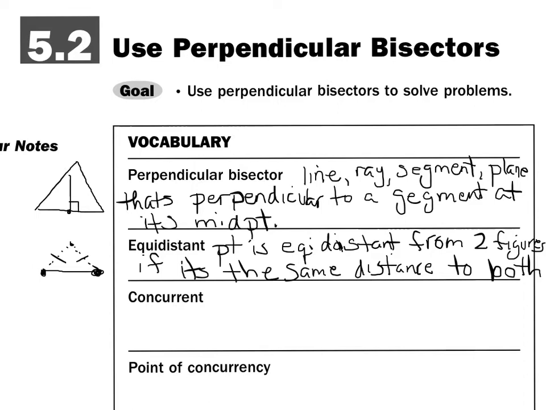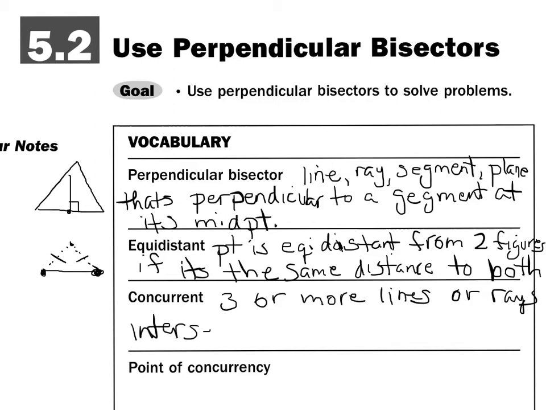Concurrent. 3 or more lines or rays intersecting at the same point. So they're called concurrent lines.